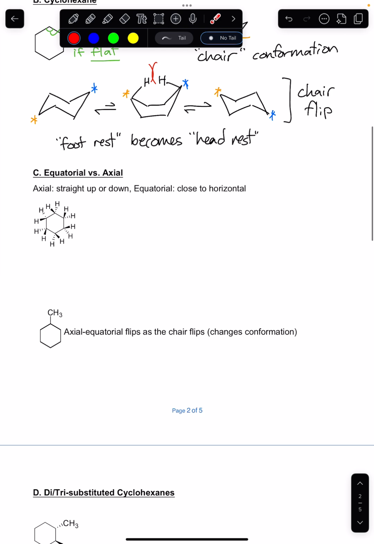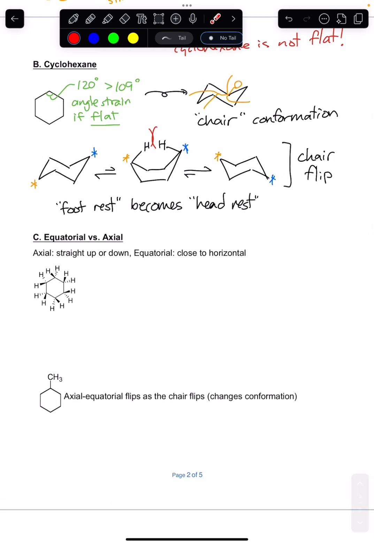Now let's think about how we might depict what's going on with these chair flips, and to do so we need new vocabulary words, and those are equatorial and axial groups. Because in cyclohexane, each carbon has two hydrogens, and there's an up and downness to them. We could draw this like so.